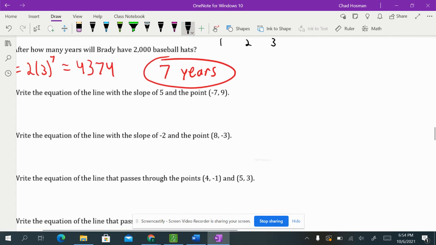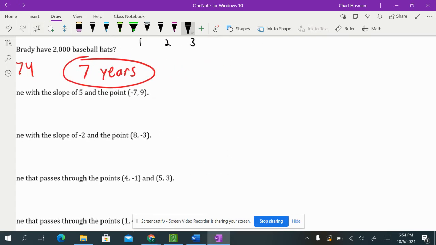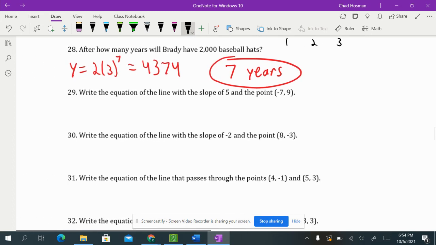So we're going to want to use, and I'll write this over here, let's do it here, point slope form. Right, and point slope form is one of our linear equations, right? It's that y is equal to m times x minus x1 plus y1.